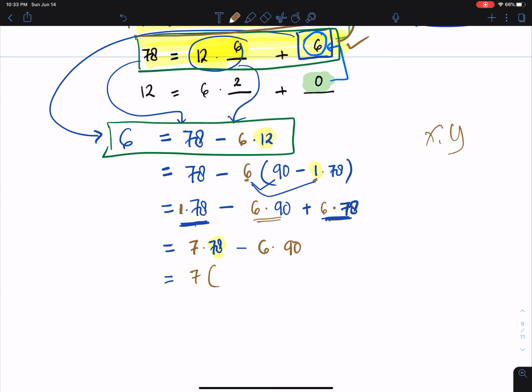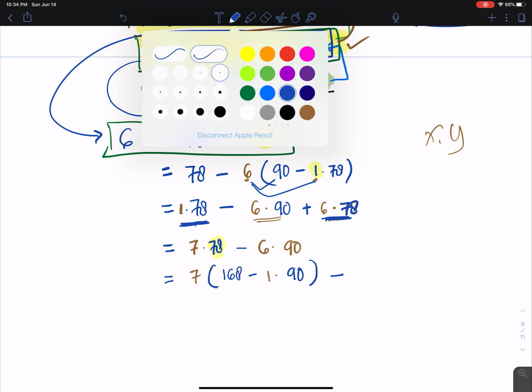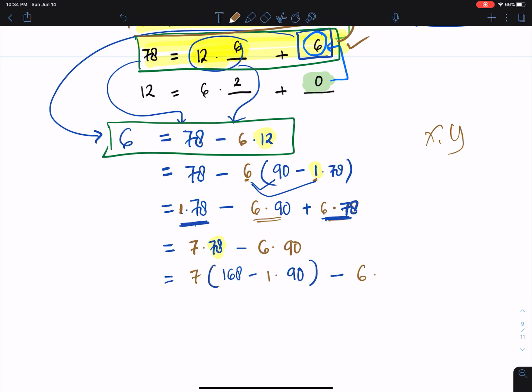So we have here, I will put this one, 168 minus 1 times 90, like that. Okay, minus the one that we have here, which is 6 times 90. This is supposed to be 90. Okay, so we have this, then we try to simplify it again. So this one with here and this one with here. So what do we get?